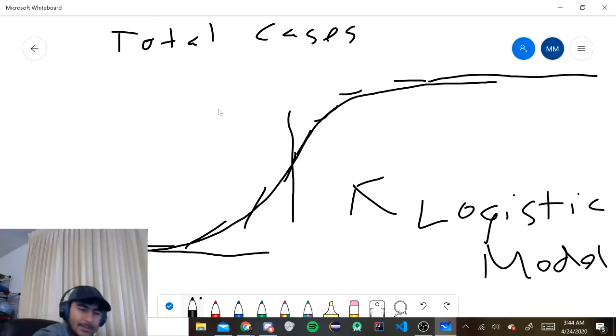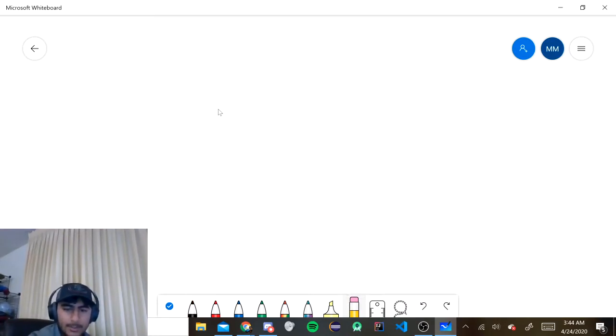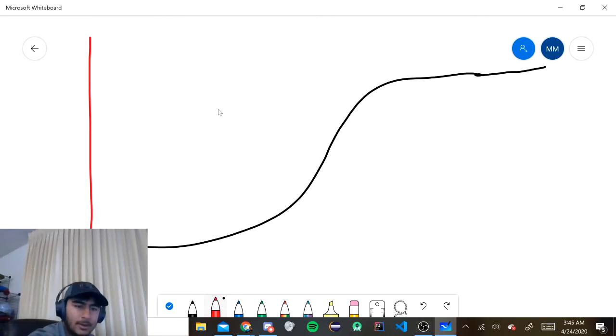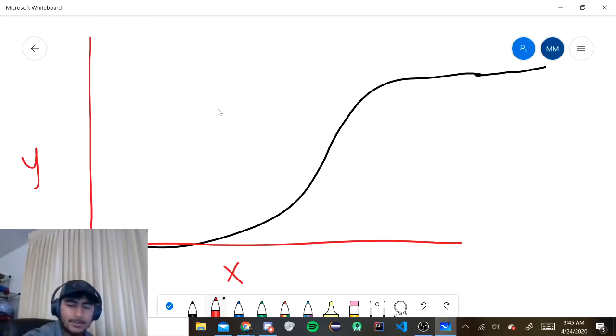Let's say we clear this and go back to our logistic model. I can extend this actually. And we were to graph the slope function. I'll use a different color. This is our y-axis, and this is our x-axis.